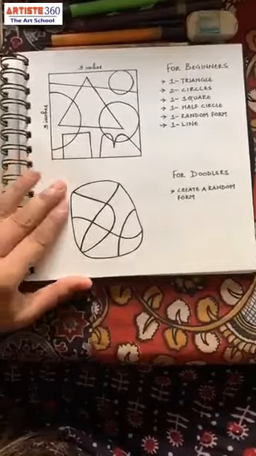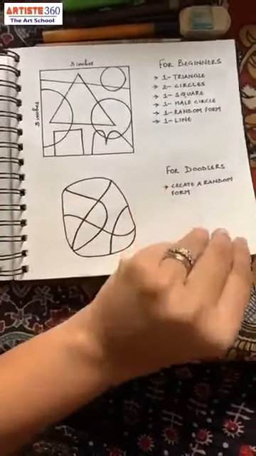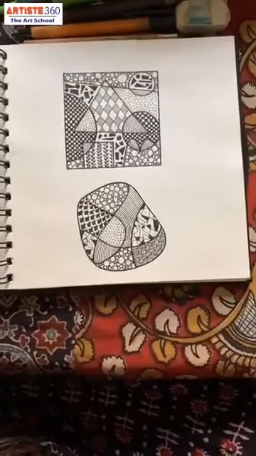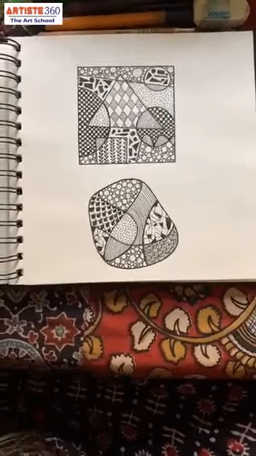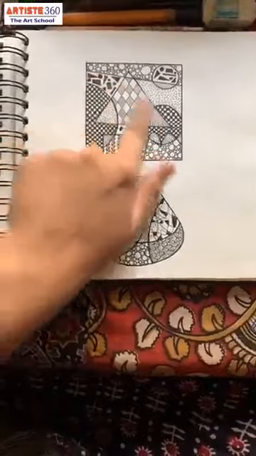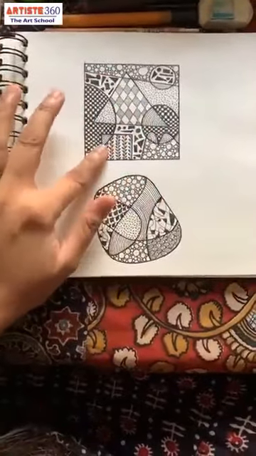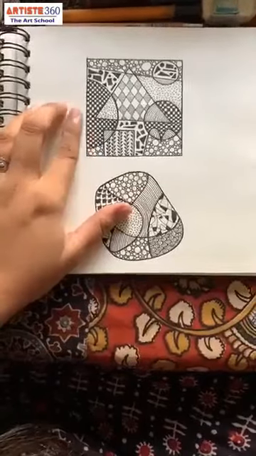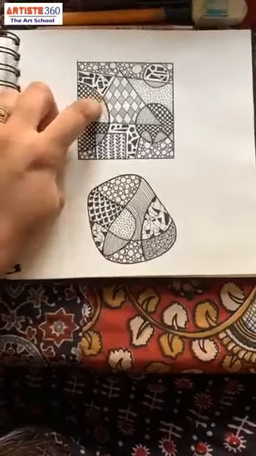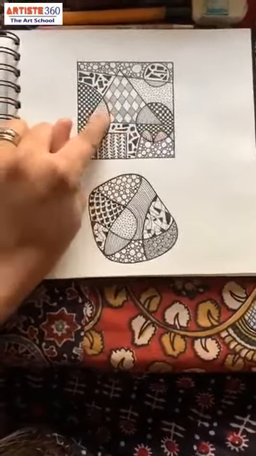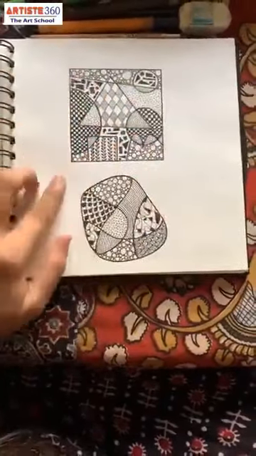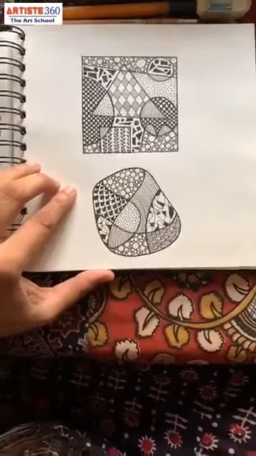And when you do that, your design would look something like this. See, these are all the textures that my texture palette has. The only reason I'm telling you all to cut the forms is because then you get these patches where you can fill in different textures and the entire drawing looks beautiful.